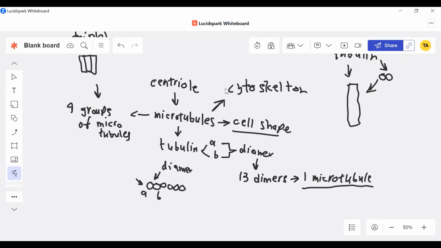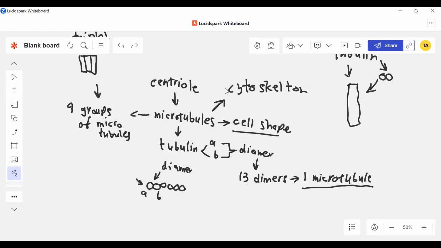Let me explain this once again, because this is a very important concept. Centriole is made up of microtubules. Microtubules give cell shape and act as a cytoskeleton. Microtubules are made up of tubulin protein. There are 2 types of tubulin protein, tubulin alpha and tubulin beta. When one alpha tubulin and one beta tubulin come together, they make a dimer.